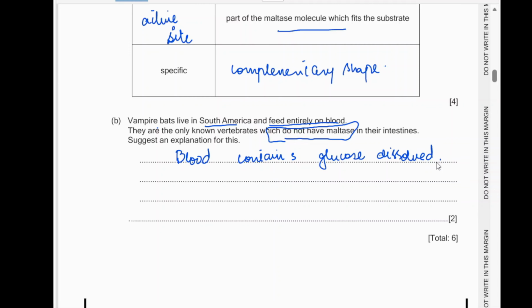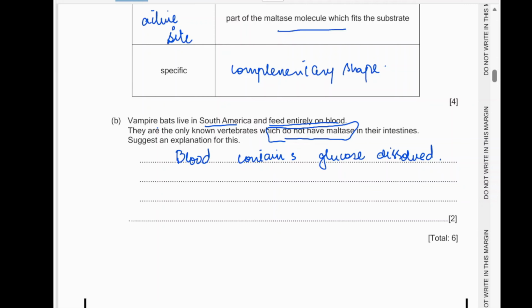No, no. You have to write. You should know what is present in blood. So blood contains all the dissolved nutrients like amino acids, fatty acids, glycerol, glucose. Okay, this is in chapter number 9, transport in blood, humans, where the part of blood is given, plasma.